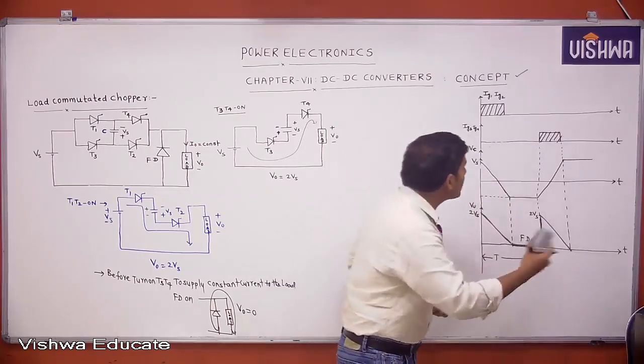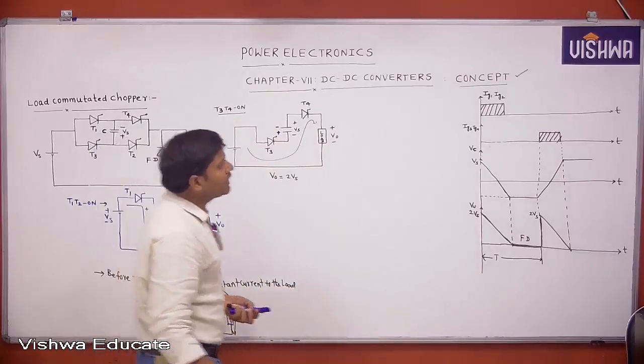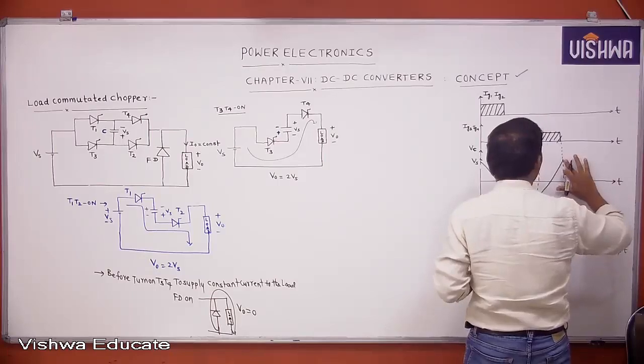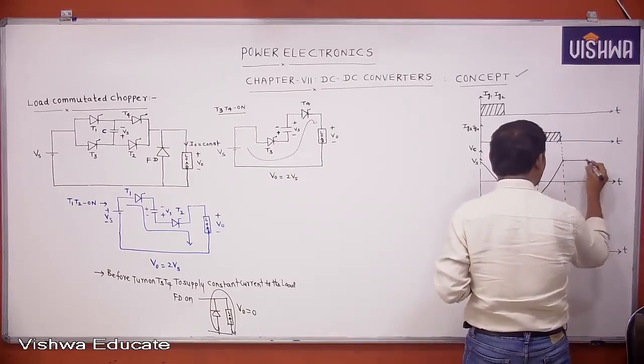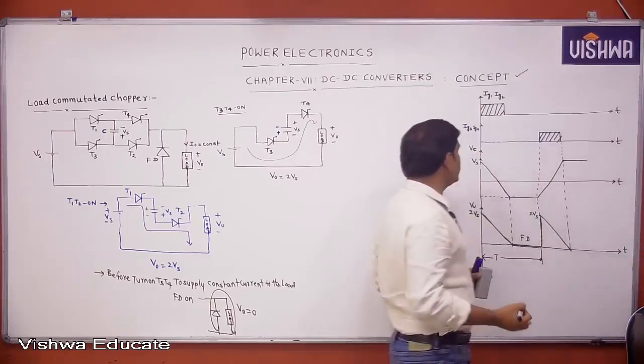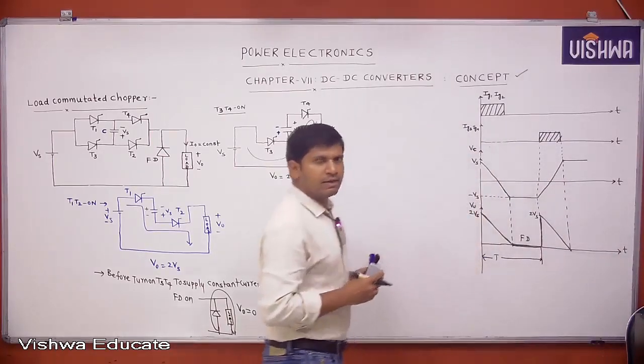Like this, the cycle will be repeated. If you trigger T1, T2 again, the freewheeling diode is conducting, and T1, T2 can be triggered again, changing from plus Vs to minus Vs. These are the waveforms.